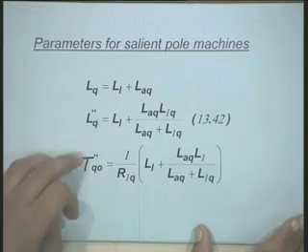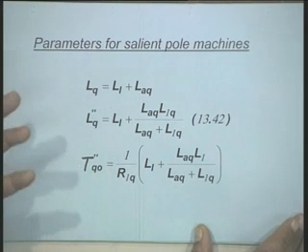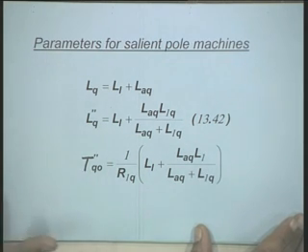Now, once there is only one damper winding, you cannot have any distinction between the transient and subtransient inductances. The distinction between L_d' and L_q' and L_q'' is not possible, they are the same, okay. And therefore, for salient pole machine, subtransient and transient are the same.